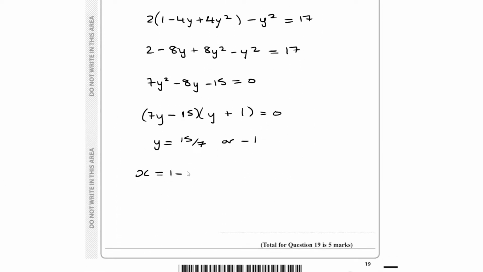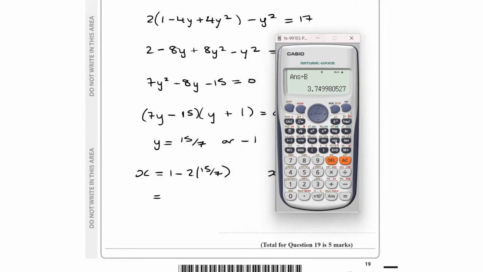x is 1 minus 2 times that one, or x is 1 minus 2 times minus 1. 1 minus 2 times 15 over 7. So minus 23 over 7.